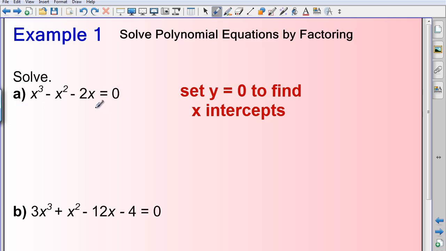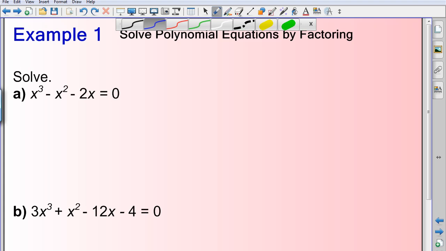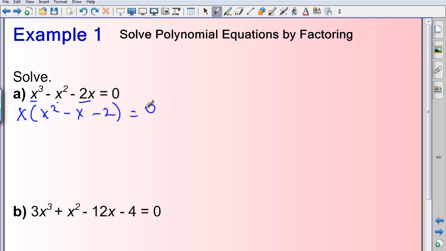And so the very first thing that we always look for when we are factoring is to see if there is a common factor. And in this particular case, we notice an x located in each of the terms on the left-hand side. So a great first step is always to look for a common factor. Once you have that common factor, you can now look at what's left over and see if that trinomial is factorable. And in our particular case, it is.